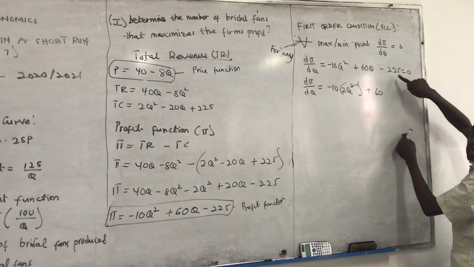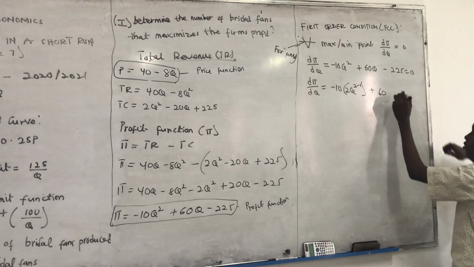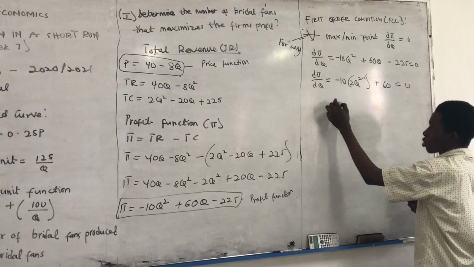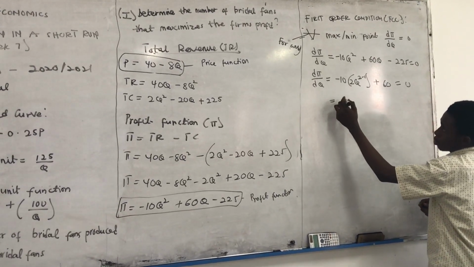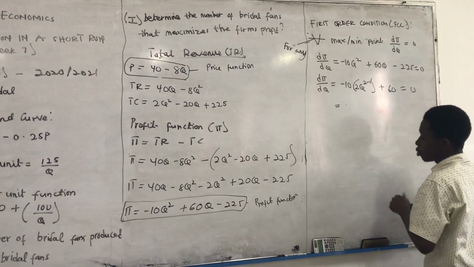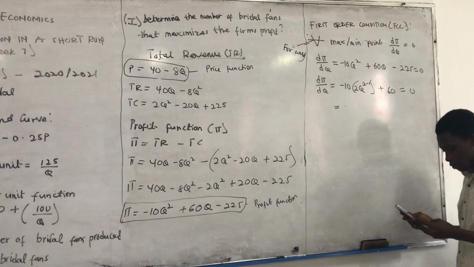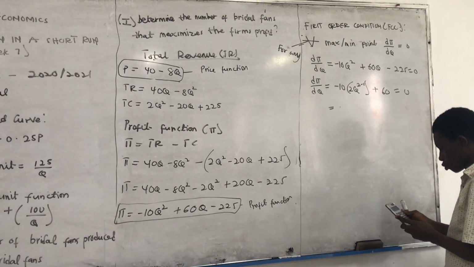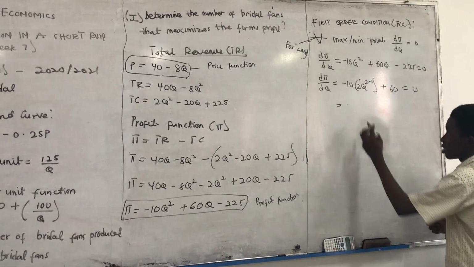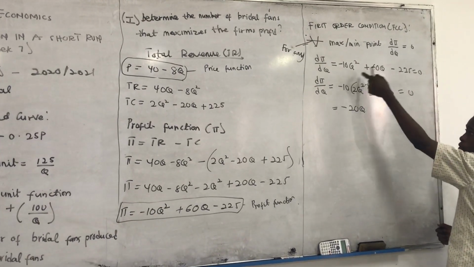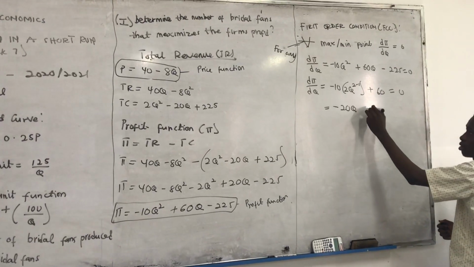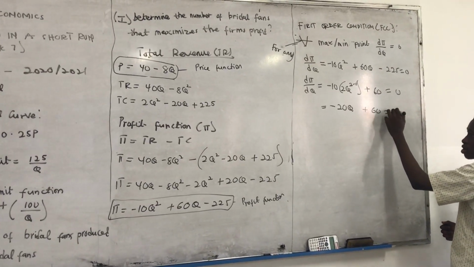Differentiating a constant gives 0, so we don't bring this figure. Negative 10 times 2 gives us 20, so negative 20Q. If you subtract 1 from 2, you get 1, so we don't write a 1 there. So plus 60 is equal to 0.